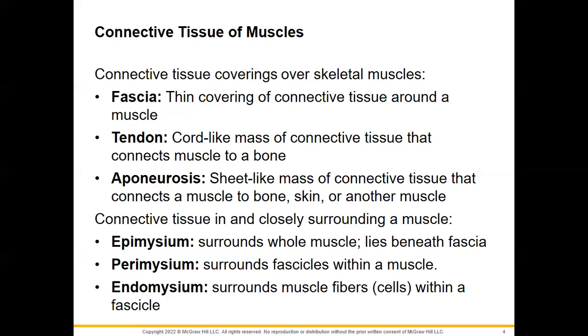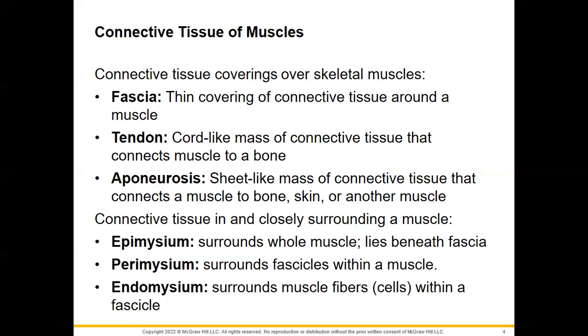So you have the fascia that covers the muscle. That's that thin covering of connective tissue that covers the muscle. Then you have the epimysium that is deep to the fascia and surrounds the entire muscle.